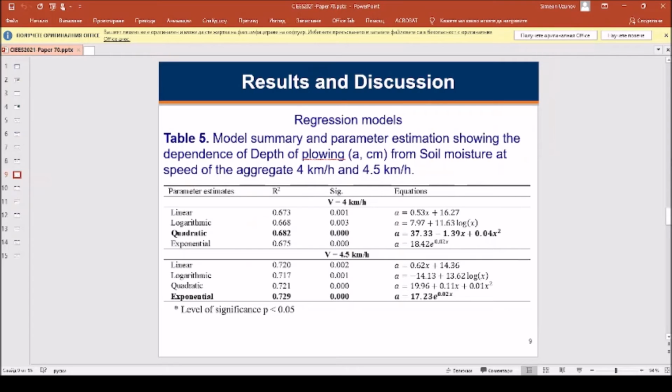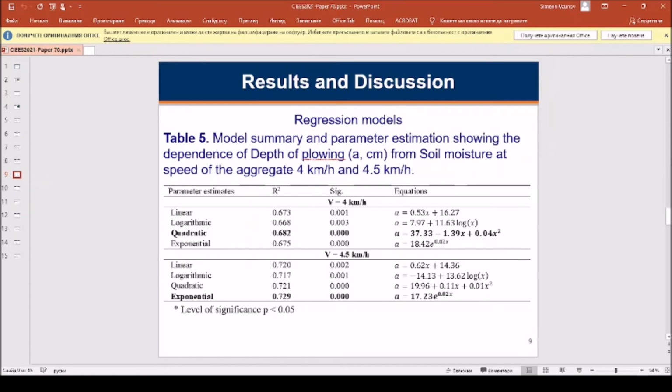The coefficient of determination of the quadratic model is the highest. R squared is equal to 0.682, i.e. about 68.2% of the variations in the depth of plowing are explained by the influence of soil moisture.